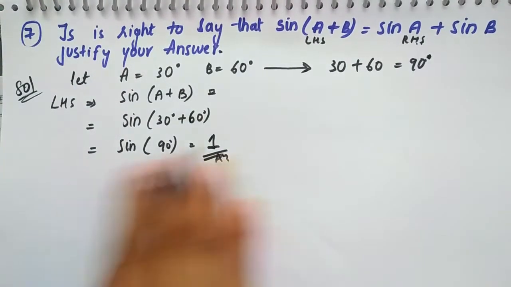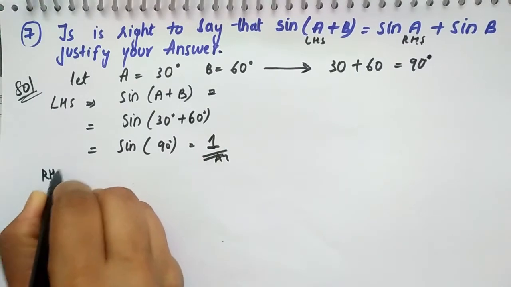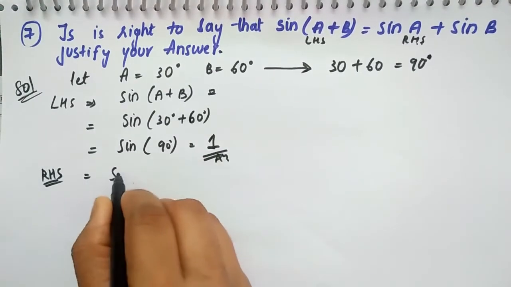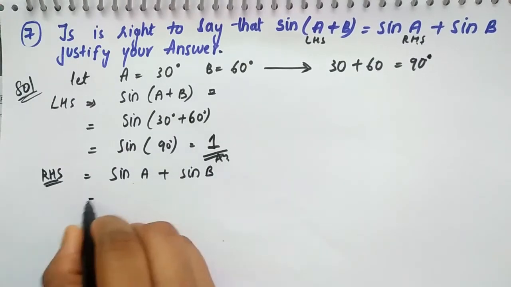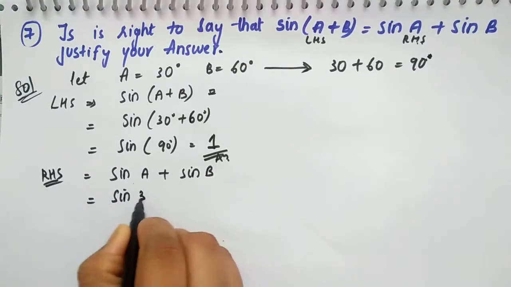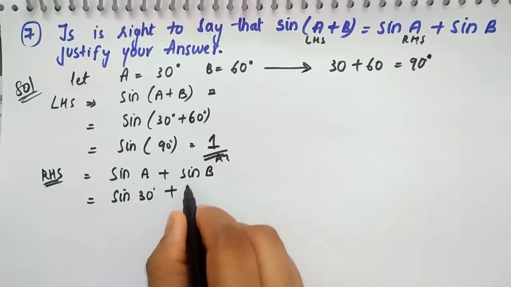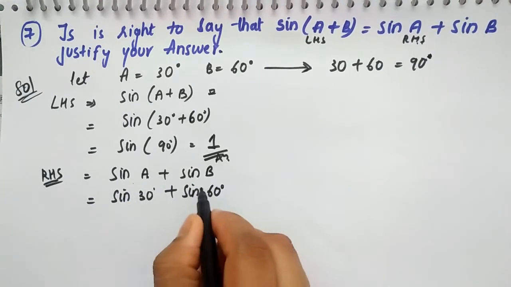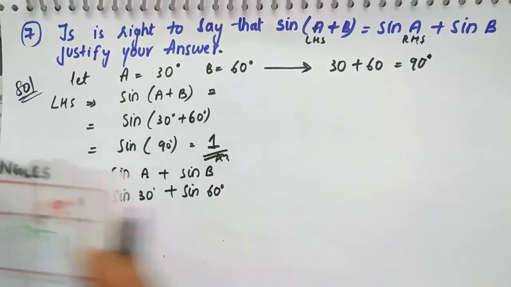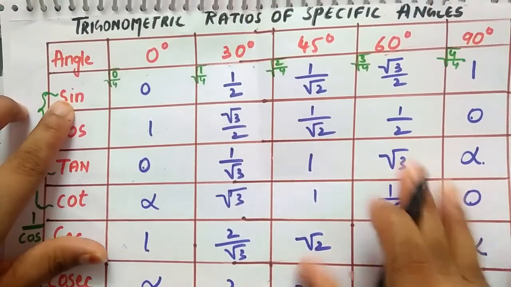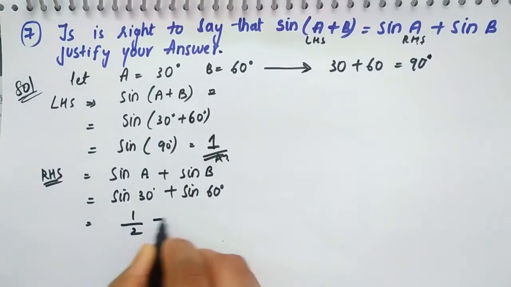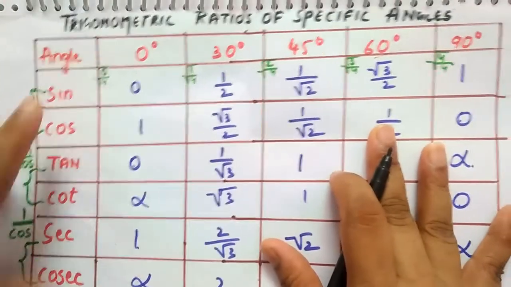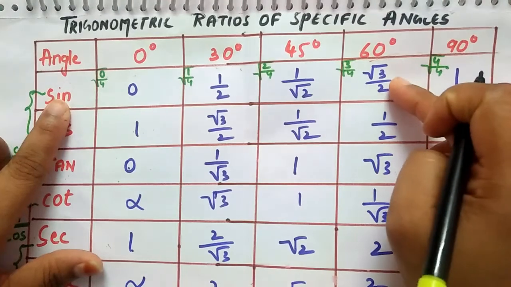Now let us take RHS. It is nothing but sine A plus sine B: sine 30 instead of A, plus sine 60 instead of B. Back to the table: sine 30 is 1 by 2, and sine 60 is root 3 by 2.